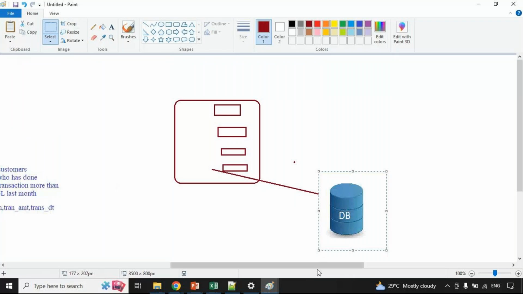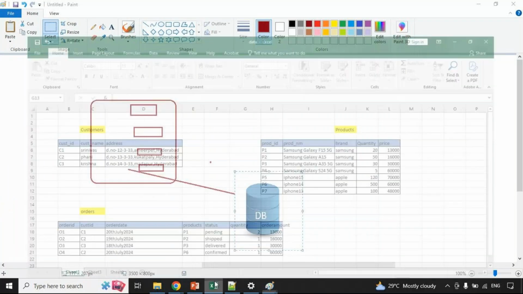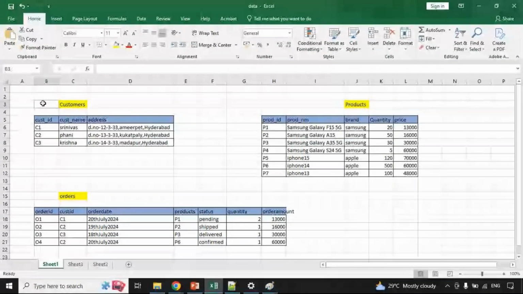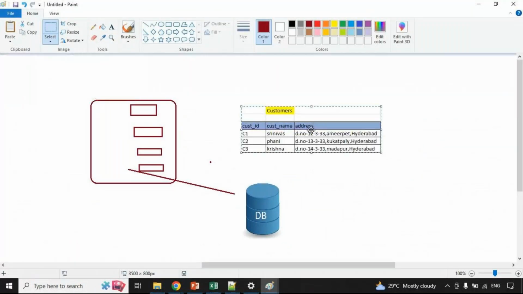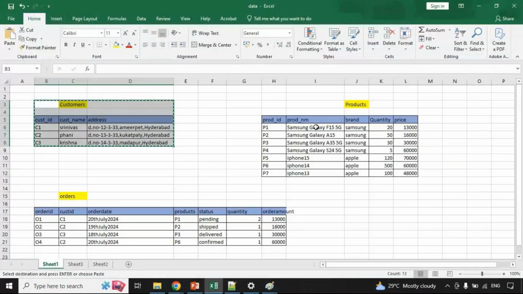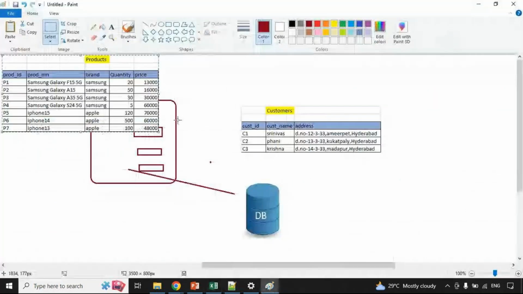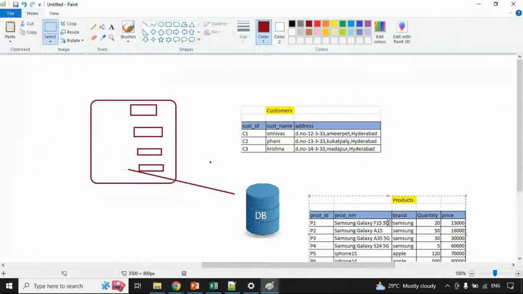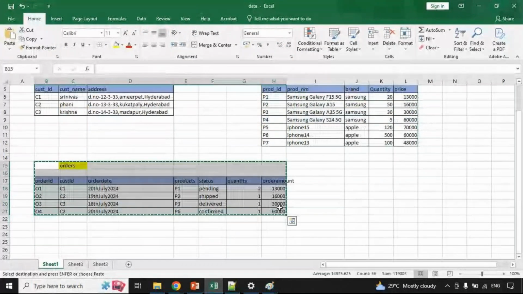Consider I have different types of data. For suppose, customers related data, then products related data, and then whatever orders are placed, the orders related data.